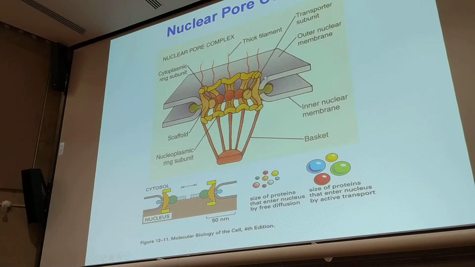So they anchor all this complex that is made out of 50 nucleoporins. All this is attached by one subunit. There is a nucleoplasmic ring subunit here. There is a basket at the internal face of the nuclear pore.